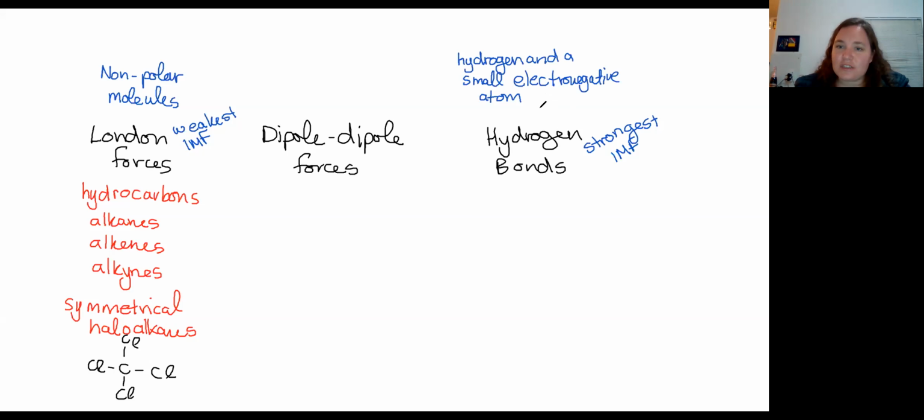Those small electronegative atoms are nitrogen, oxygen, and fluorine. Only if there's hydrogen with nitrogen, oxygen, or fluorine will you get hydrogen bonds. Now, when you were in grade 11, you'd have learned about ammonia being an example, and water being an example, and hydrogen fluoride being an example. None of those are organic. So the only thing that we really focus on are our alcohols and our carboxylic acids.